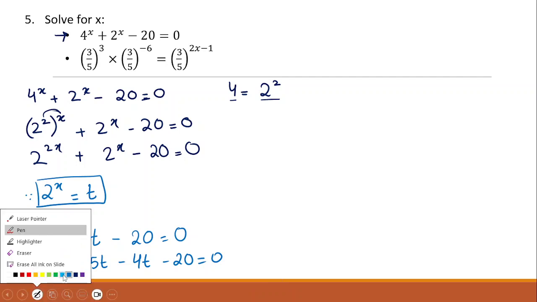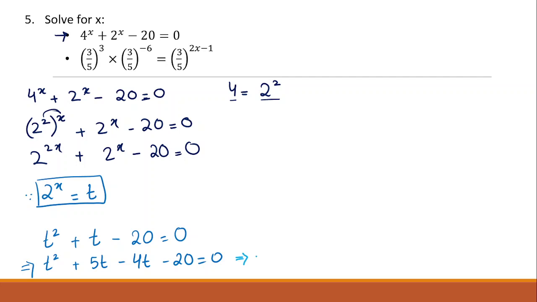Now we can take t as common in these two terms, so we will be left with t plus 5. In the other two terms, we can take minus 4 common. Why have we taken minus 4 common? Because 20 is 4 multiplied by 5. So negative 4, and we can write t plus 5.